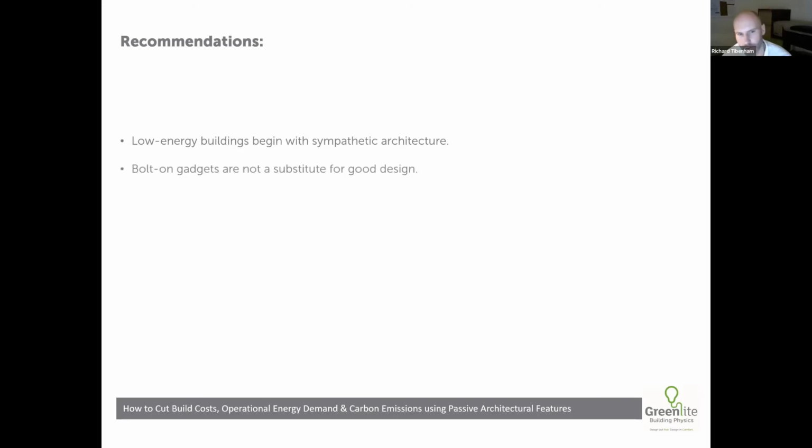Bolt-on gadgets are not a substitute for good design. We should not be looking to just substitute things like passive solar heat gain, insulation, fabric first and so on with just tack-on measures like heat pumps and PV. As I've demonstrated in the webinar today, the PV yield is comparatively quite low by comparison to space heating demand in this case.